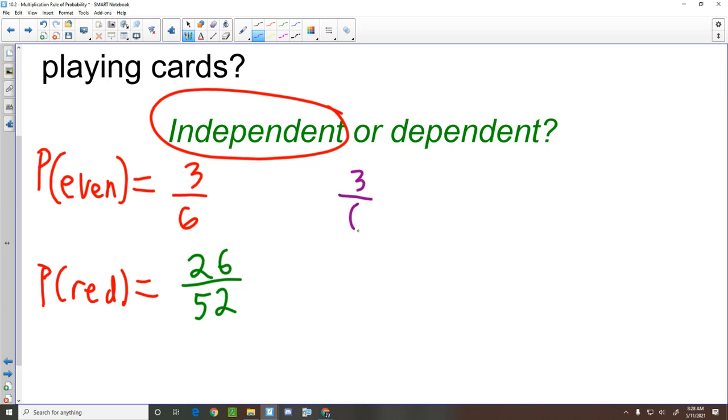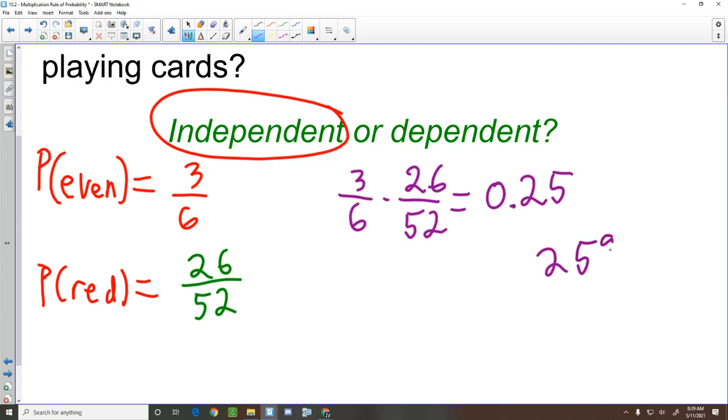And so 3 out of 6 times 26 out of 52 equals 0.25 or 25%. How many of you got that? Nice. All right, so when it's multiple events occurring in a row, we multiply. But you just have to consider whether these are independent or dependent.